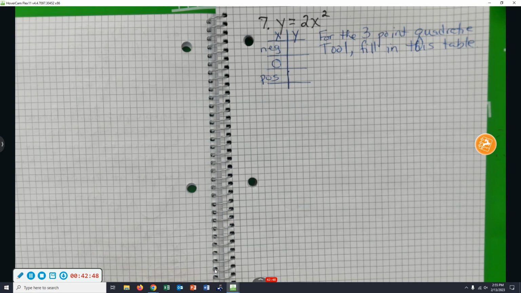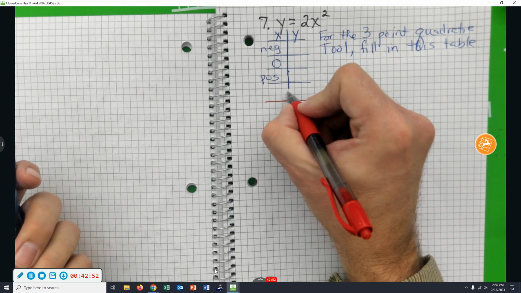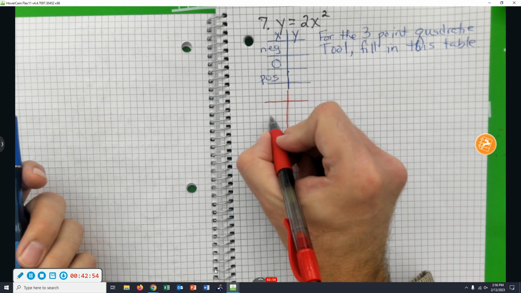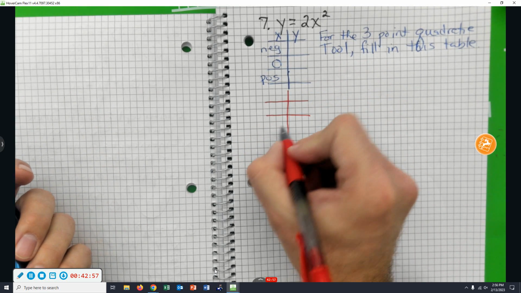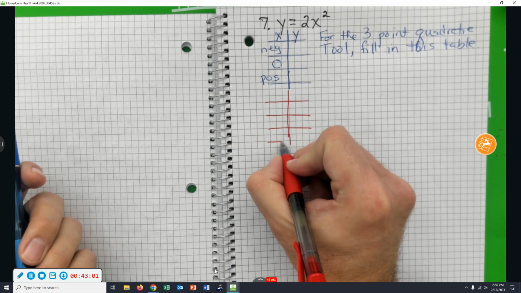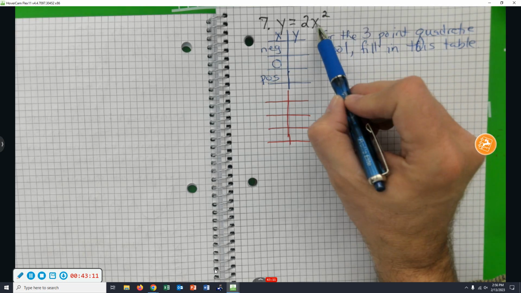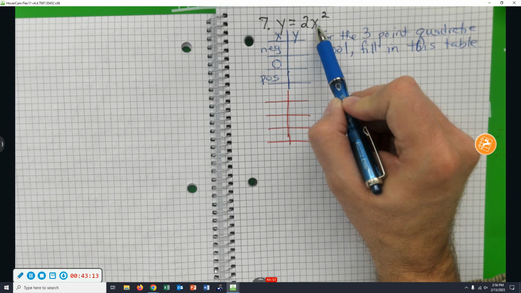So I'm just going to plug in. Well, I'll let someone decide for me. Do y'all want me to use -1, 0, 1, or do you want to use -2, 0, 2? I don't think I could use -3, 0, 3. If I plug a 3 in here, my y value is going to be too big.